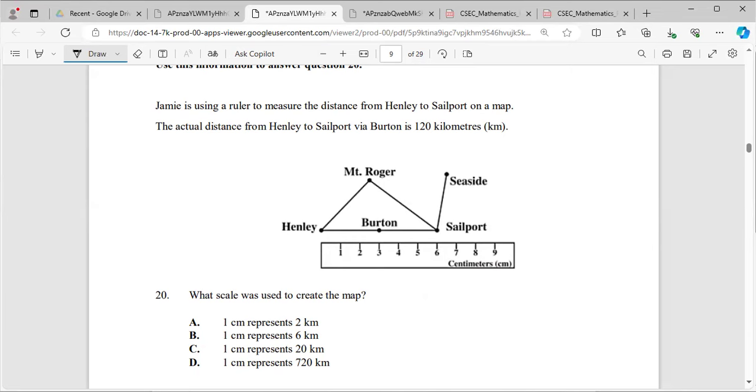Alright, may I call out who is correct. Correct, Jenna Forbes. Correct, Sakina. Kalyan, correct as well.